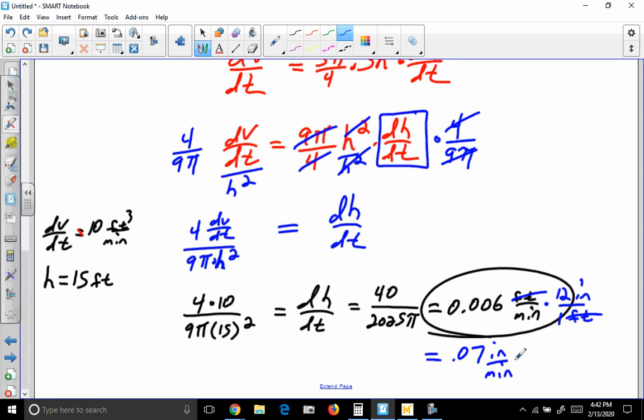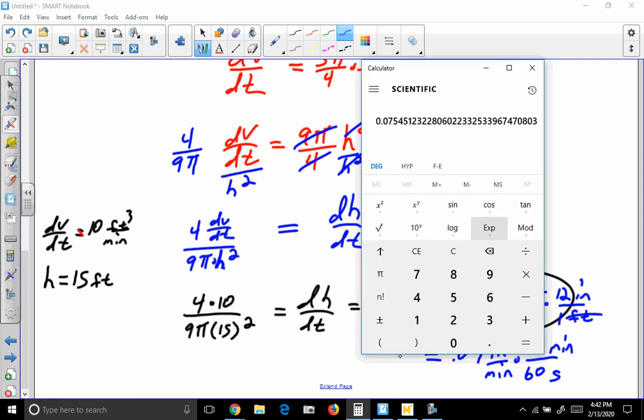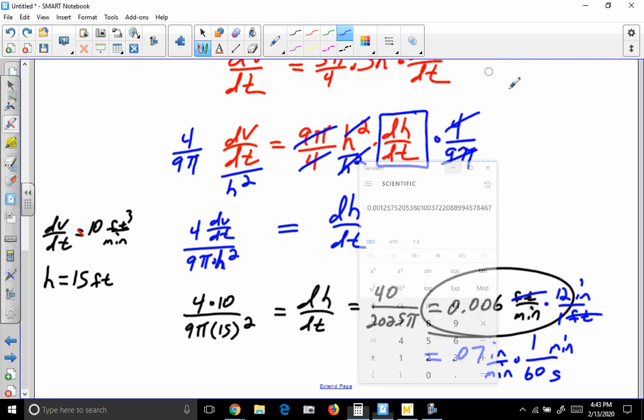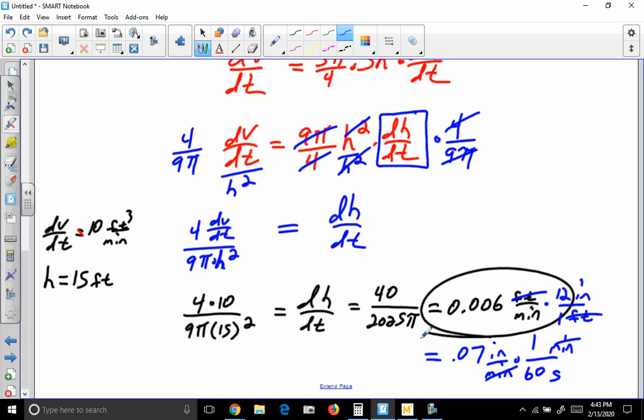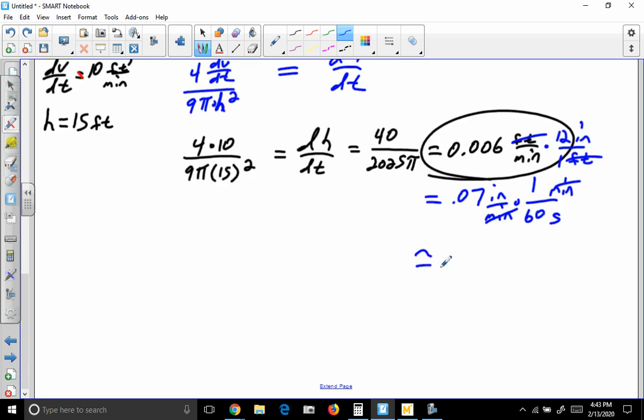If we wanted to convert it to inches per second, we can convert minutes into seconds. In 1 minute, there are 60 seconds. So if we divide by 60, 1,000th of an inch every second. So just depending on how we want our answer.